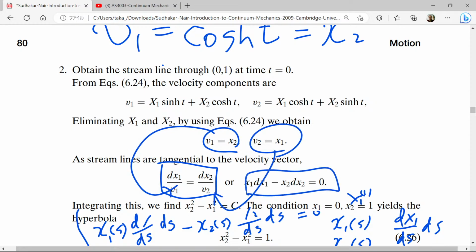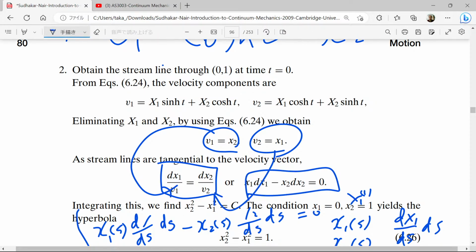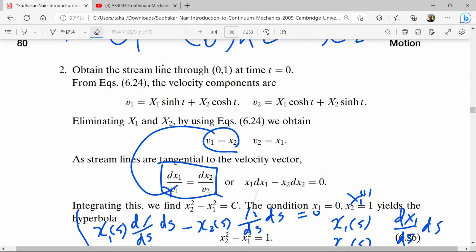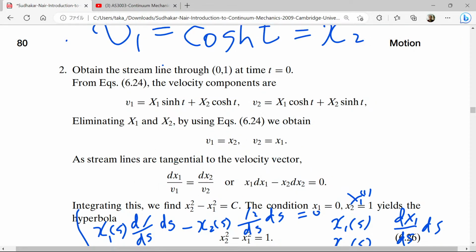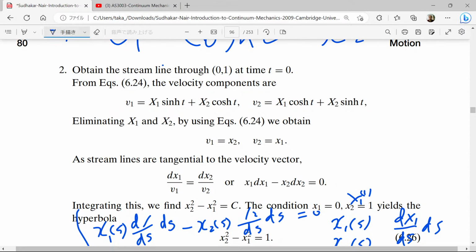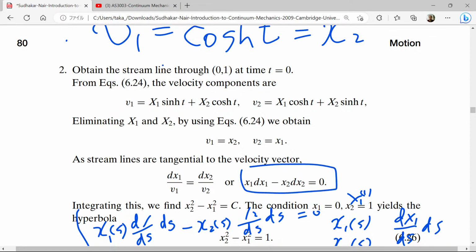So we obtain this. Yeah, I think this is clear, right? Then the question is how we solve this.